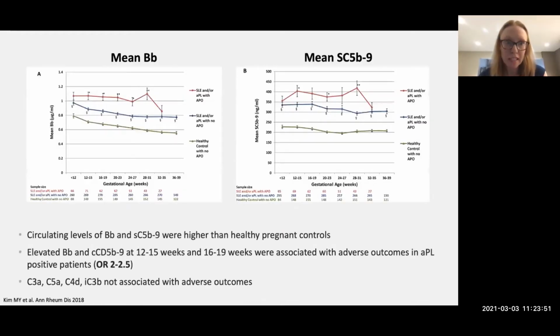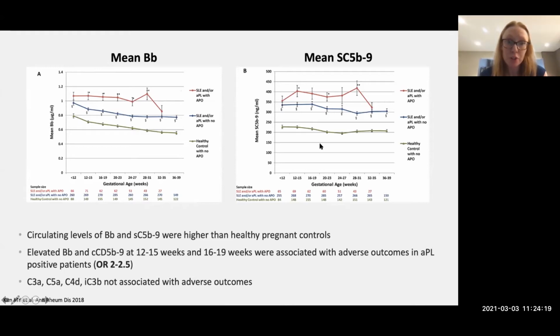In that prospective cohort, the circulating levels of Bb and the C5b-9 were higher than in pregnant controls. And in both, it's lupus and/or antiphospholipid antibodies with the obstetric outcome, without the outcome, and then healthy controls for both byproduct levels.